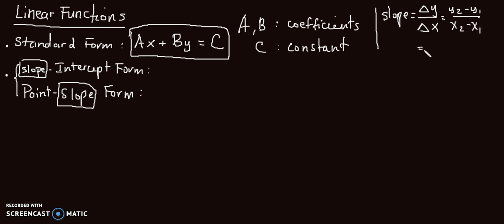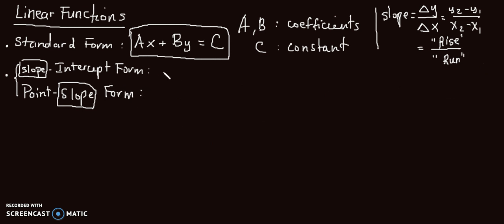Graphically, when you use this definition for graphing a linear function, the change in y is the rise, over the change in x, which is the run. We'll talk about this later when we review graphing.